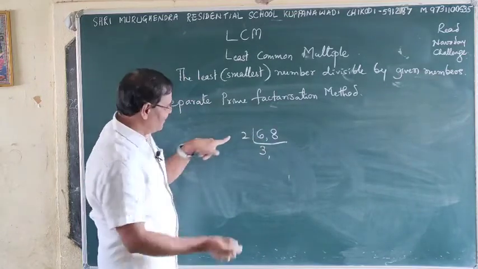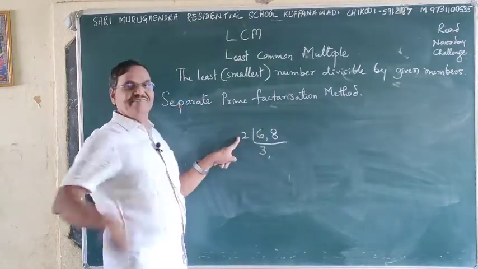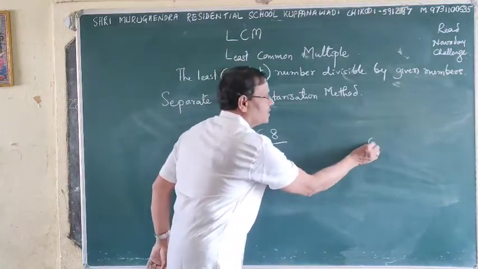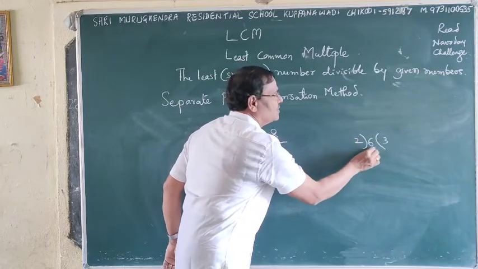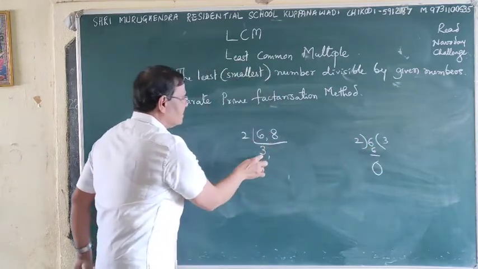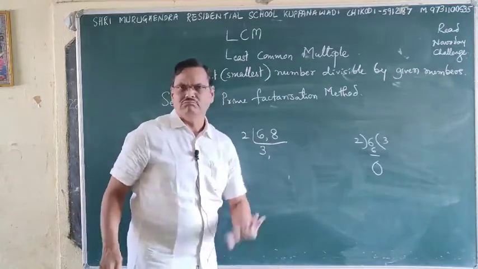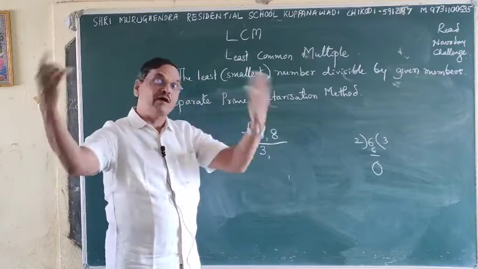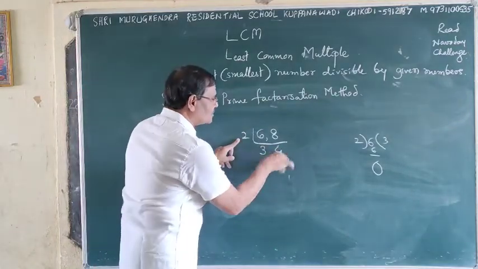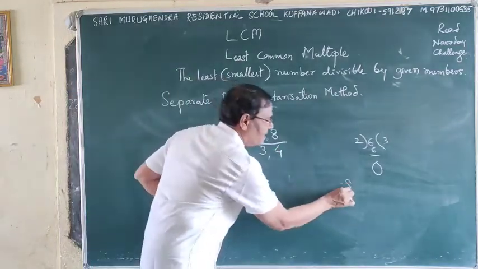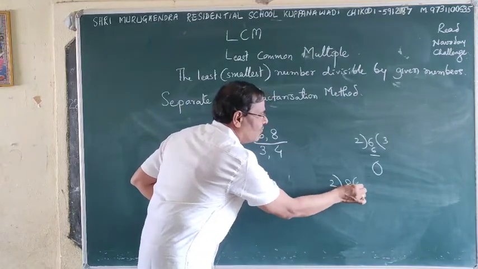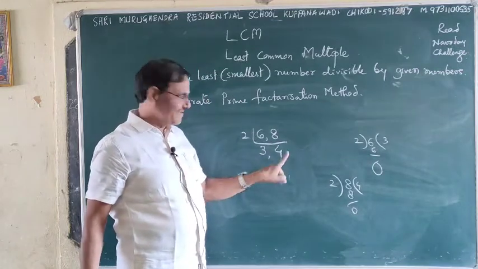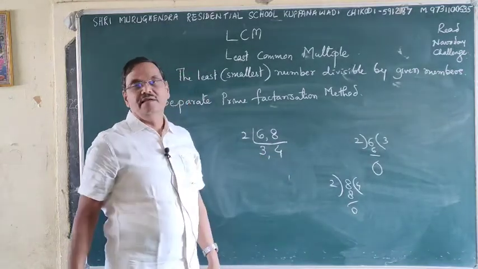Dividing 6 by 2, 2 3s are 6, 3 should be written here, and we do it in mind only. 2 4s are 8, see, 8 is divided by 2, 4s are 8. Then 3 and 4.